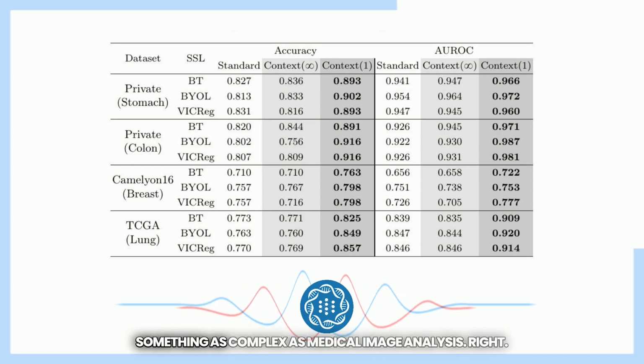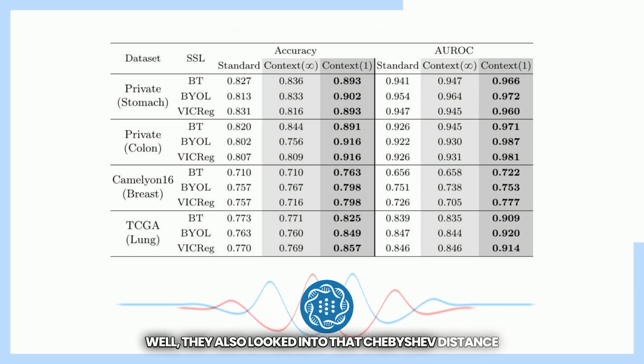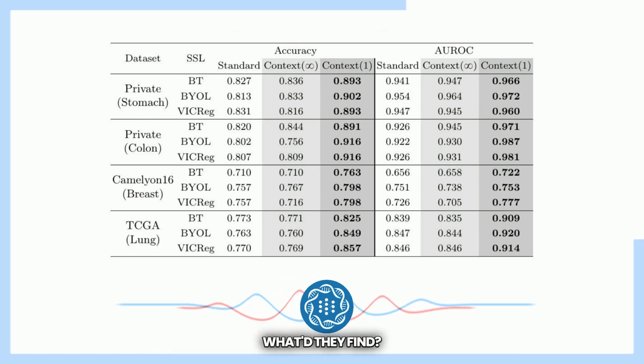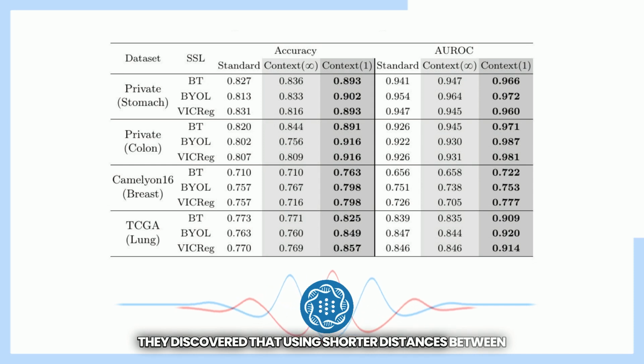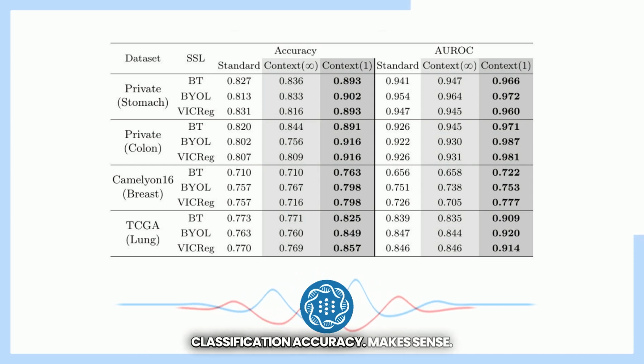When you're dealing with something as complex as medical image analysis, what other insights did these ablation studies reveal? Well, they also looked into that Chebyshev distance and how they defined those neighboring patches. Yeah, what'd they find? They discovered that using shorter distances between patches consistently led to better classification accuracy. Makes sense.